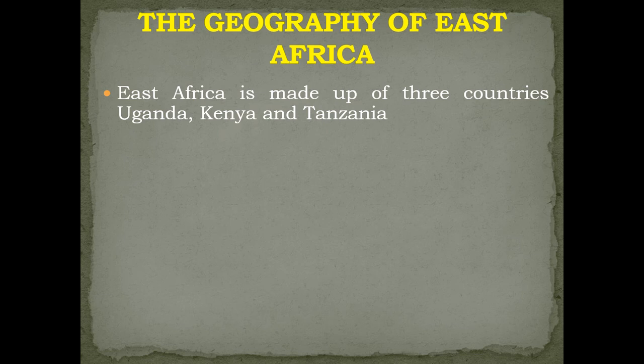However, we have other countries that have joined the 3 traditional East African countries to make the East African community, and those include Rwanda, Burundi, and South Sudan. But in the exams, we examine only the 3 traditional East African countries.